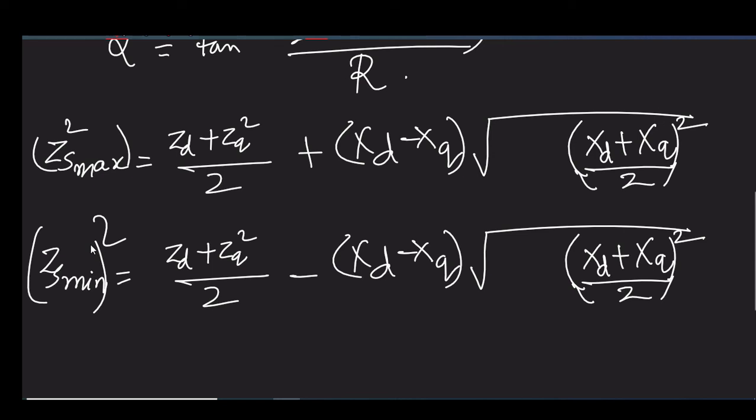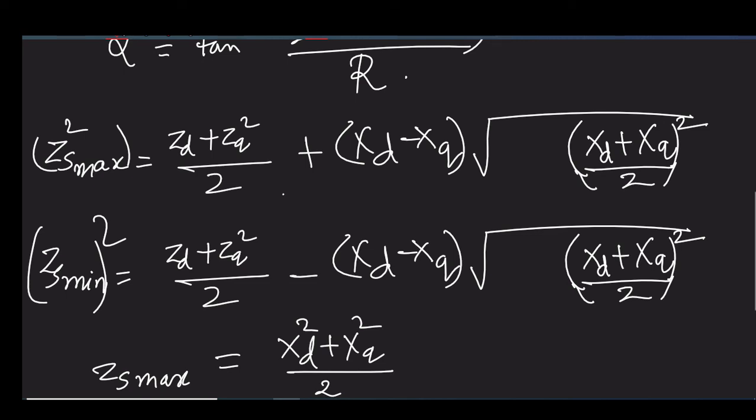So what your ZS max will be, if you further get it from this equation: obviously the first two terms will become xd square plus xq square by 2 plus xd square minus xq square by 2.